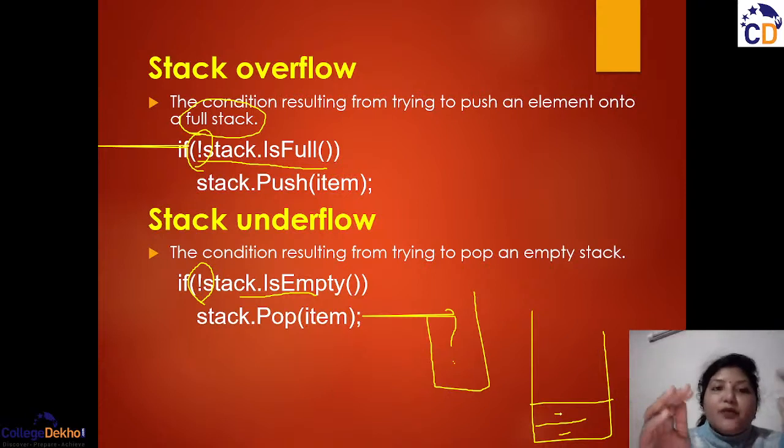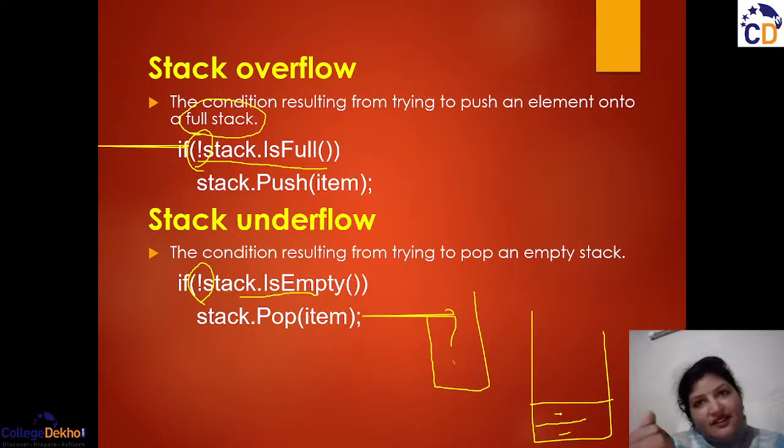So remember the points to be noted: you get the error stack overflow when your stack is full. You will get the error stack underflow when your data structure does not have any elements, does not have any items in the list, or you may say in the stack, right?